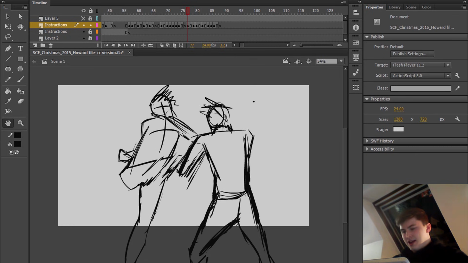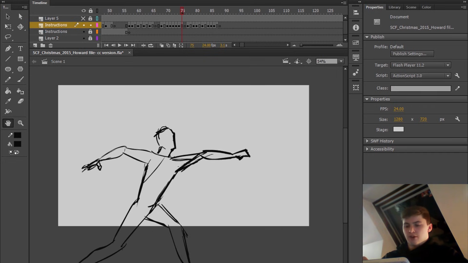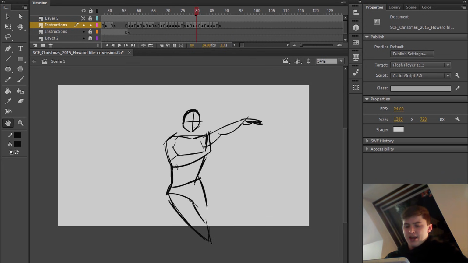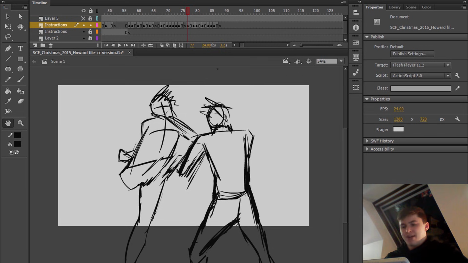It's kind of hard to describe what is nice about this effect, but I guess some of the moves can look very different from this angle, as opposed to being from a side angle where everything's laid out a bit plain and simple and everything looks kind of how it's meant to be. But then here you can get a completely different effect, and it kind of obscures what's actually happening in the frame.